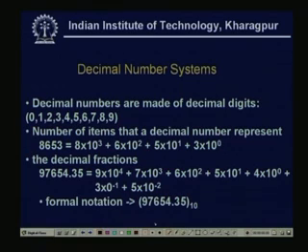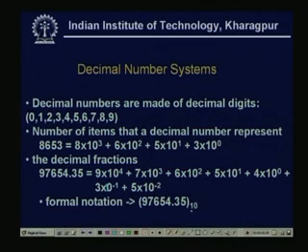So this is 3 into 10 to the power minus 1, then 5 into 10 to the power minus 2, and in formal notation we can write 97654.35 when the number system is 10.